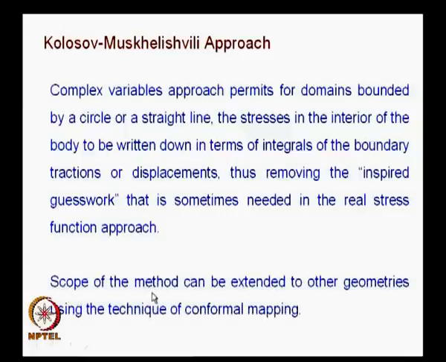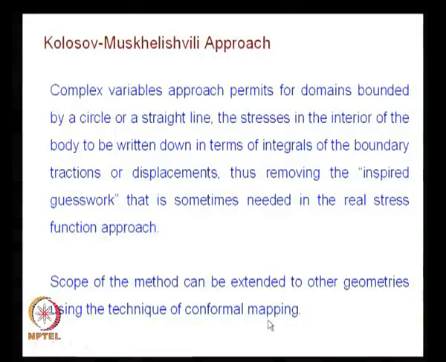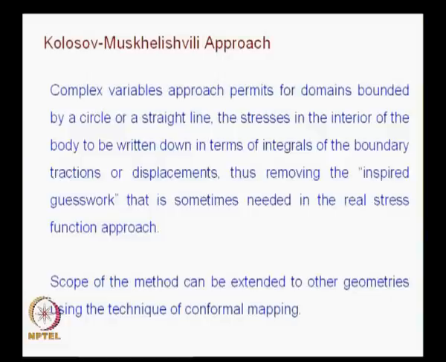the scope of the method can be extended to variety of geometries using the technique of conformal mapping. So, if I have a complex boundary value problem, if you are able to identify a conformal mapping, for example, plate with an elliptical hole, they could find a conformal mapping and then put that as a circle and then solve the problem. So, conformal mapping goes hand in hand with complex variables approach. And what is the advantage?